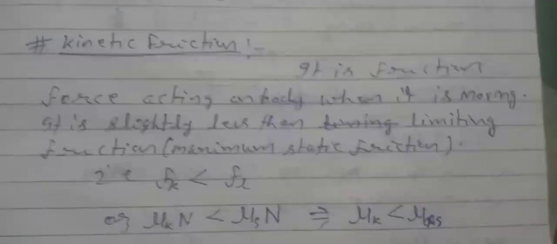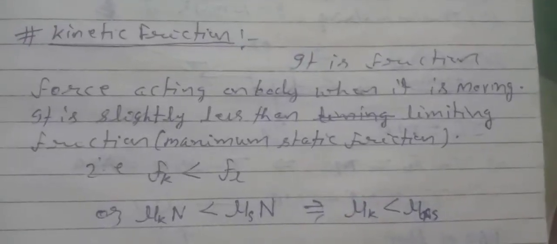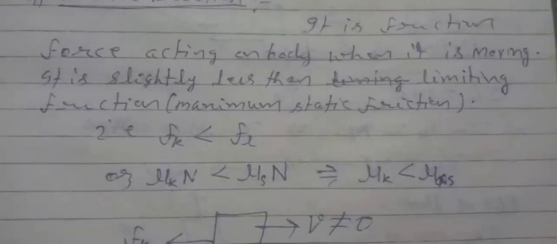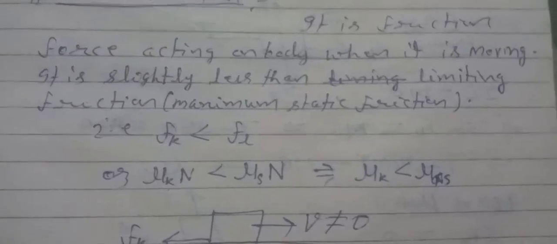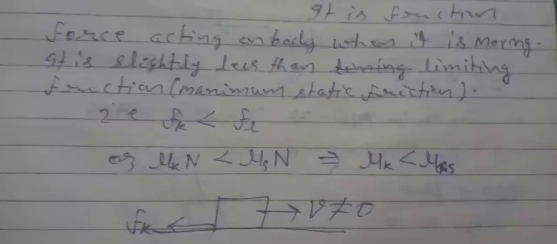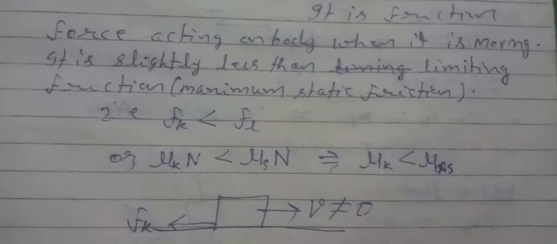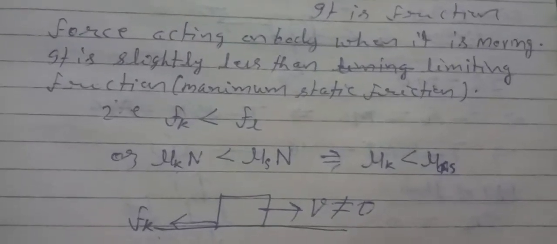It is slightly less than limiting friction, that is, maximum static friction. That is, Fk is less than Fl, or mu k into N is less than mu s into N. This implies mu k is less than mu s, where mu k is the coefficient of kinetic friction and mu s is the coefficient of static friction.